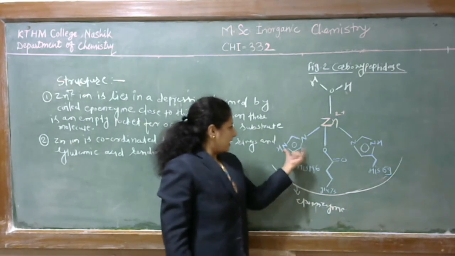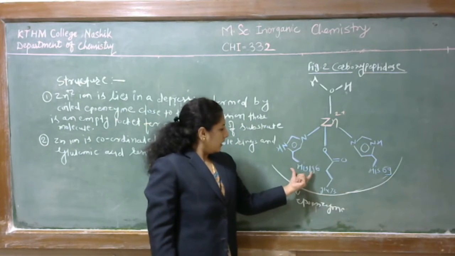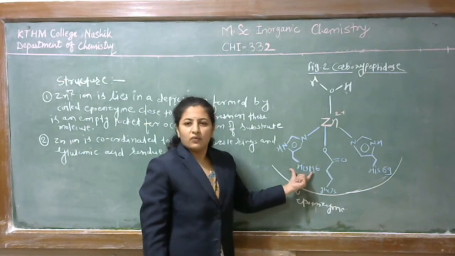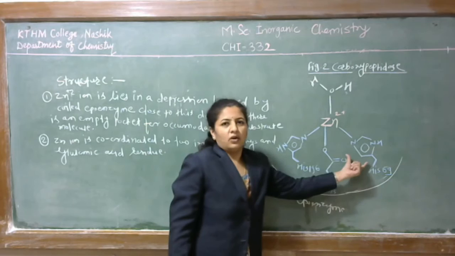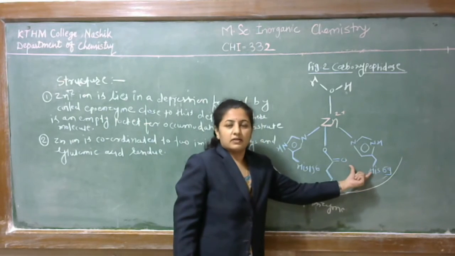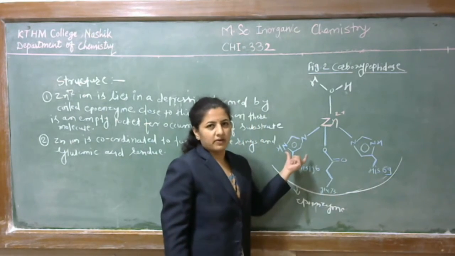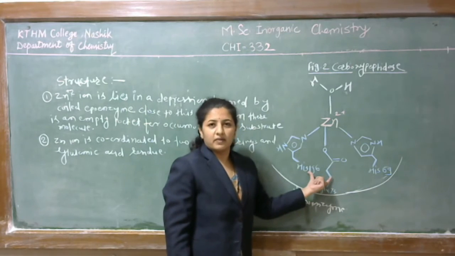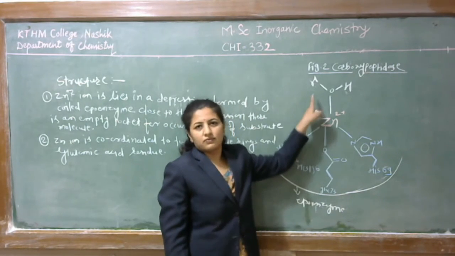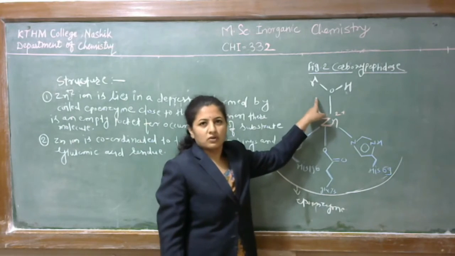This is an imidazole ring, and in the imidazole rings the histidine 196 and histidine 69 residues are present, and the third position is occupied by the glutamic acid residue, whereas the fourth position is occupied by a water molecule.